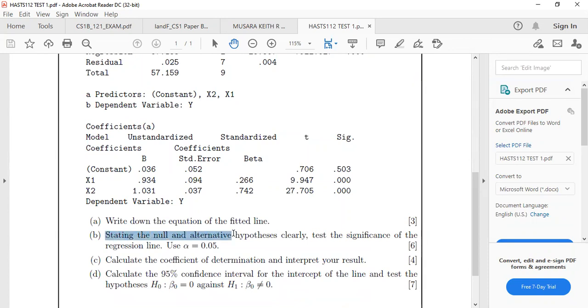The next question says, state the null and alternate hypothesis, clearly testing the significance of the regression line. Some of the people didn't understand what this question required them to do. When you're testing for the significance of the regression line, what do you use? Let me hear from you. What do you use?